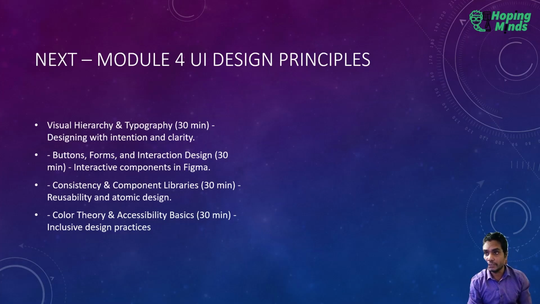We'll create a component library using buttons and everything, and we'll do it in atomic way, wherein you will be able to see all the small components created. We'll do a color theory and accessibility basics, so you can understand what color to use, what color not to use, and this will help you do a better design for everyone.